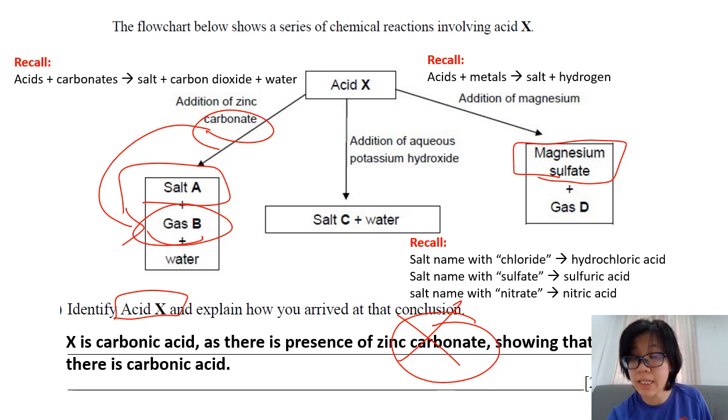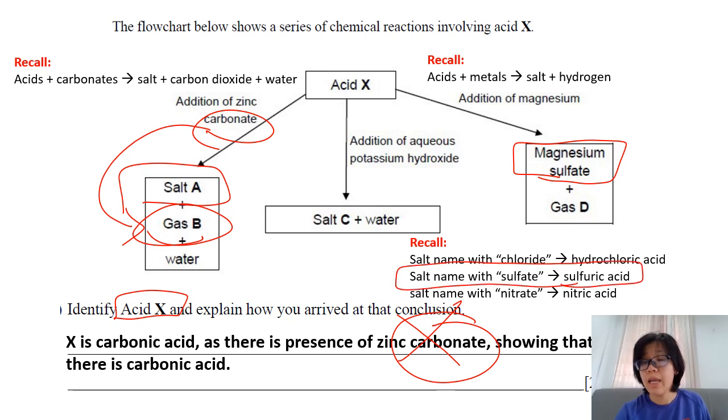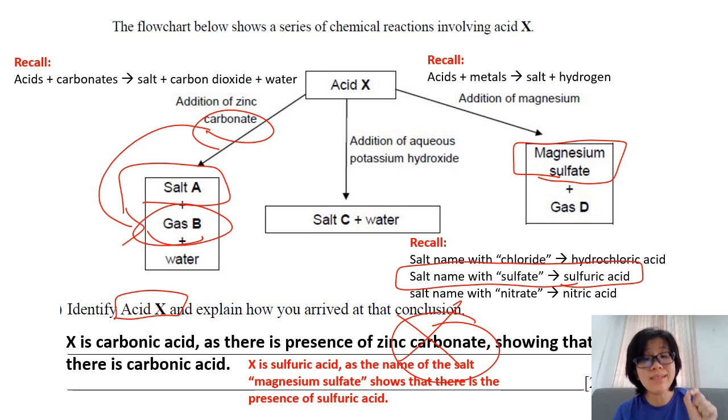So over here, sulfate means sulfuric acid. Hence, X should be sulfuric acid, as the name of the salt, magnesium sulfate, shows that there is the presence of sulfuric acid. So how do you know what acid it is? Check the name of the salt. Sulfate means sulfuric acid, chloride means hydrochloric acid, nitrate means nitric acid.